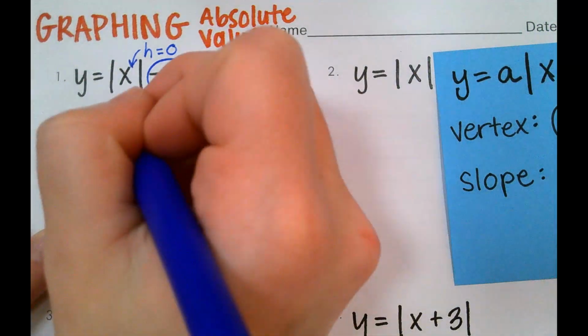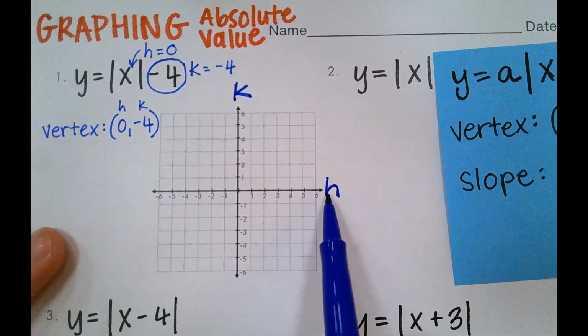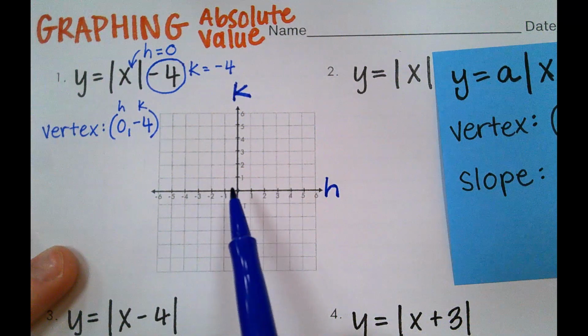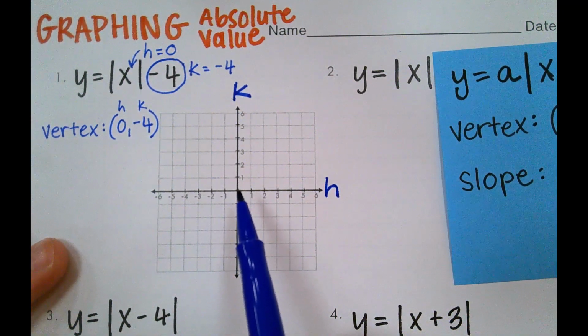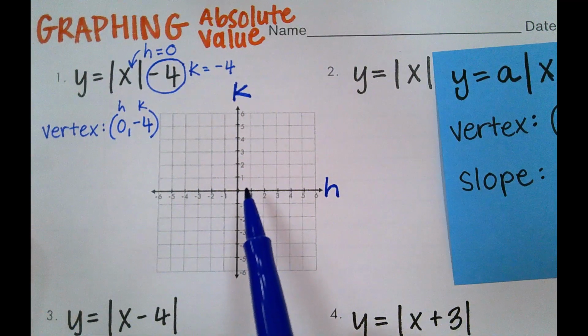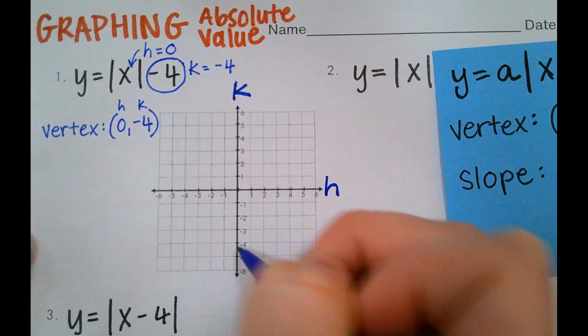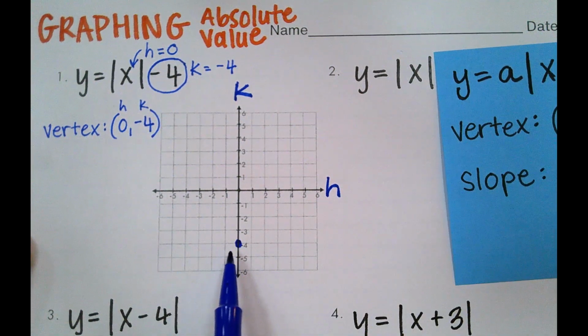That way I know h is 0, k is negative 4. So I'm looking for 0 on the h line, which is right here in the middle. And if k is negative 4, do I go up 4 or down 4? Down 4. 1, 2, 3, 4. There's my vertex.